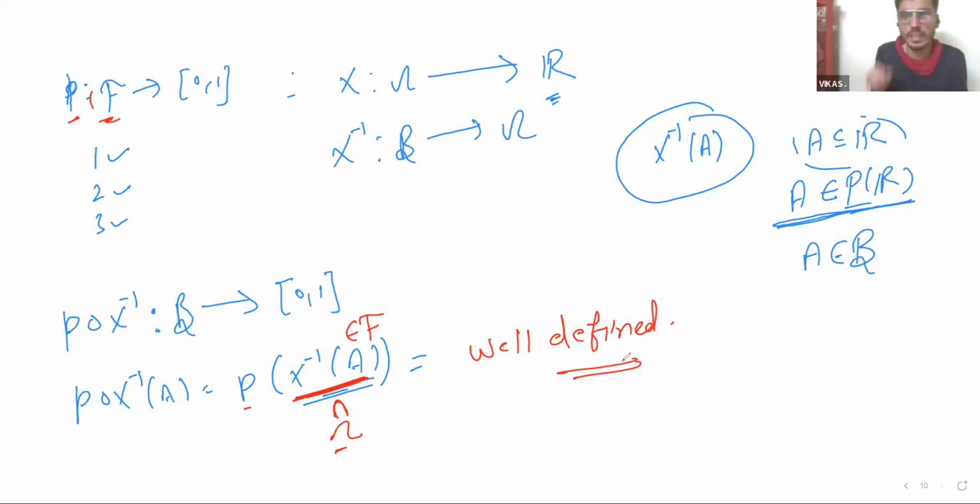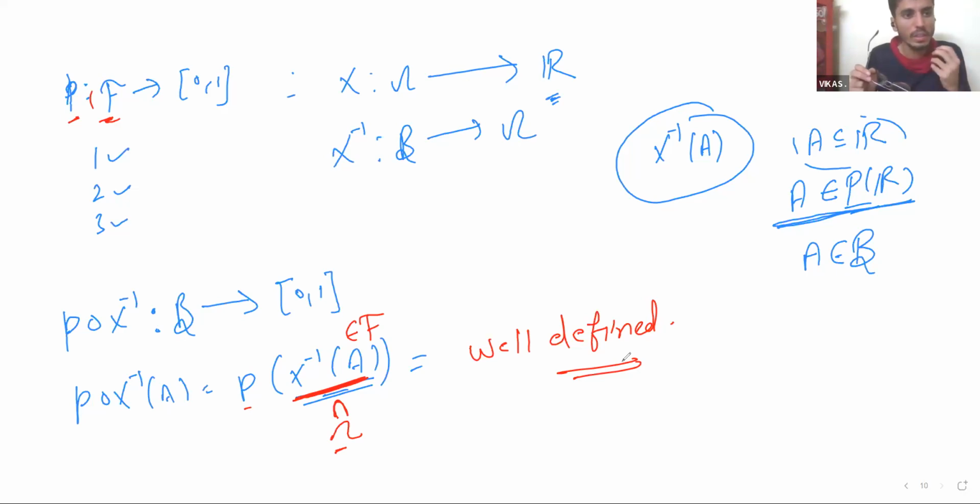I am just using the definition of P and the definition of X. That is very, very simple, and you have to understand this if you want to do those questions that are coming in your exam. I understand that those questions are very easy and will be easy to handle.